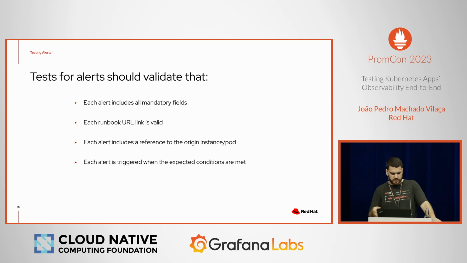As for metrics, the idea is more or less the same, trying to start with simple steps, because sometimes, again, those steps might save us from a lot of headaches in the future.